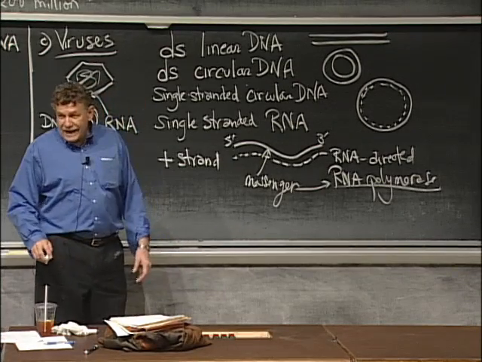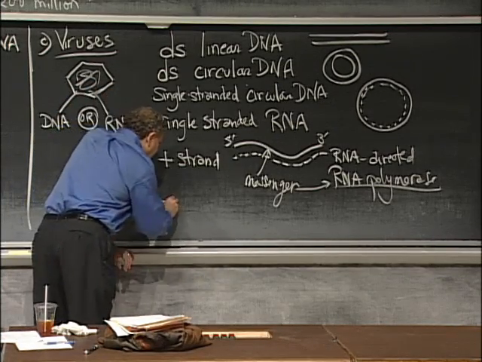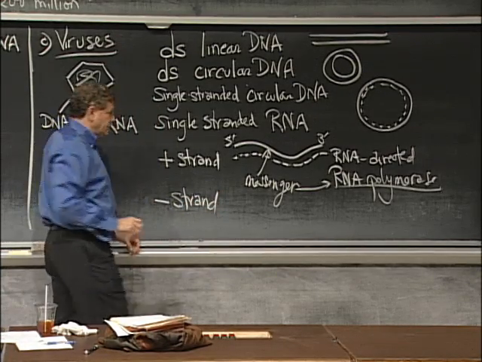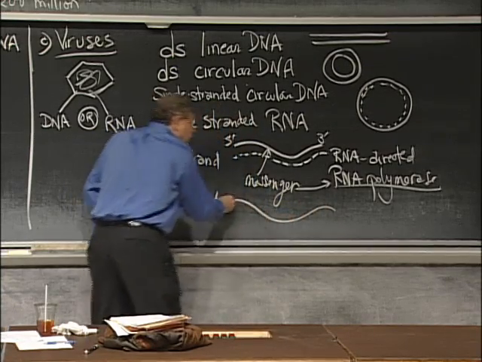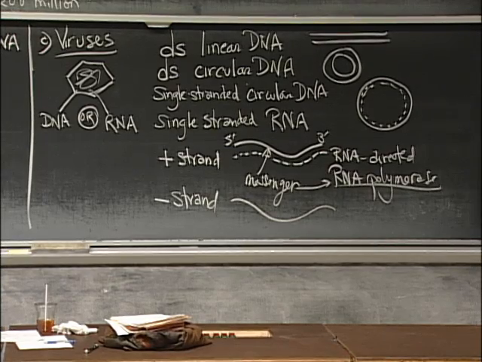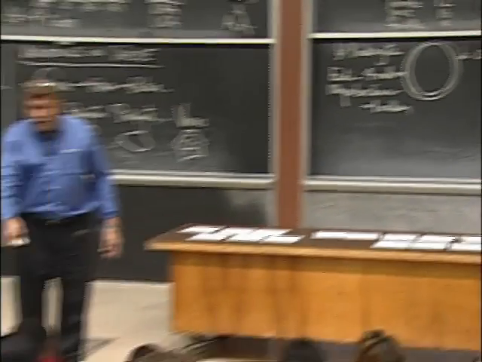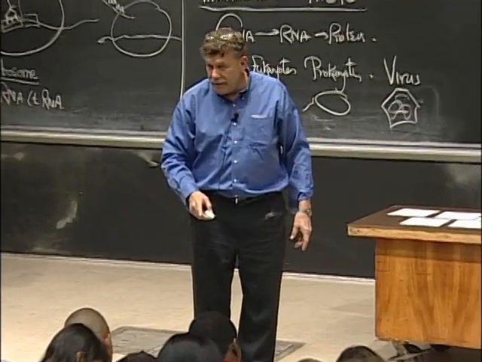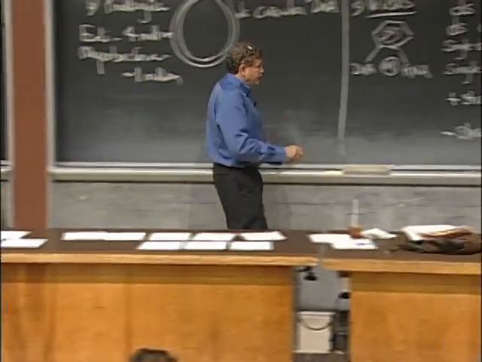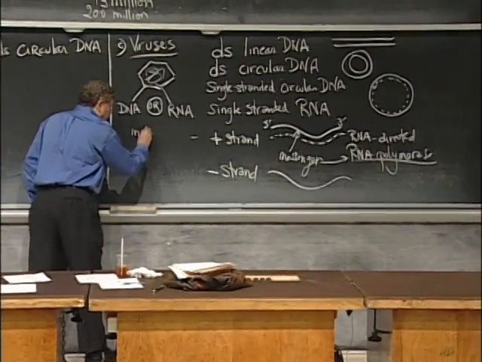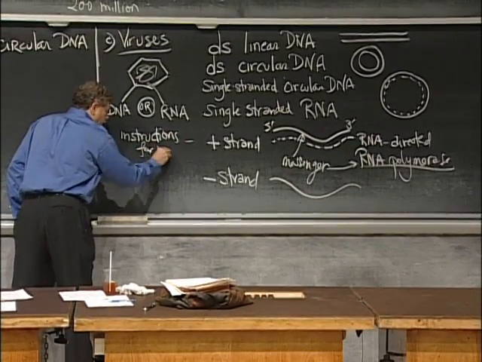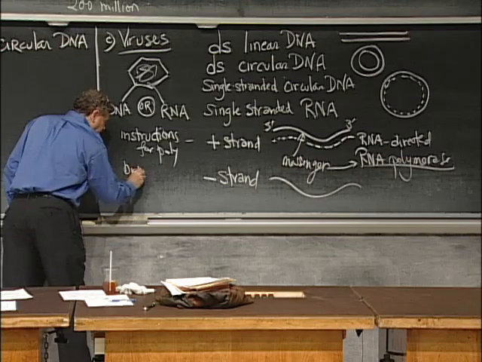It also turns out that some viruses are what are called minus-strand viruses. They don't bring a messenger RNA, but instead, like you said, they bring their own polymerase with them. Here, these bring the instructions for a polymerase. These actually bring the polymerase itself.